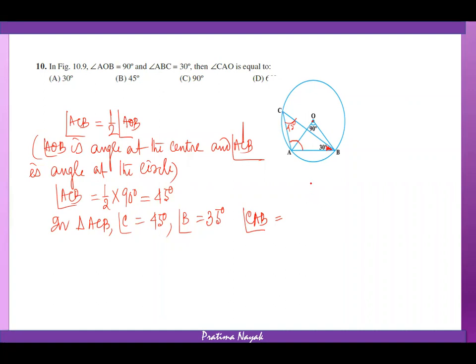Is there any short method of doing this? Angle CAB is equal to 180 minus (45 plus 30). 45 plus 30 is 75. 180 minus 75 will be 105 degrees. The whole angle is 105 degrees, but I need only this much.